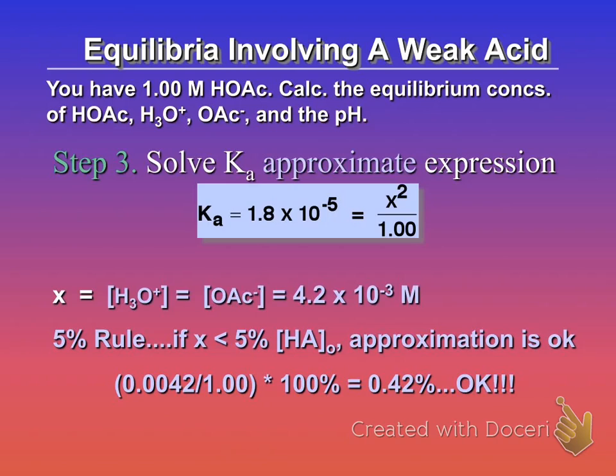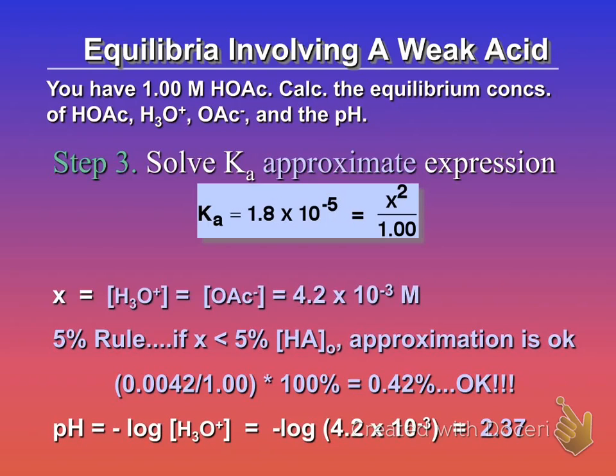So if I take 0.0042 and divide it by 1 and multiply it by 100%, I get 0.42%. And that means that, since it's less than 5%, our approximation certainly is okay, and we don't have to use that quadratic formula.